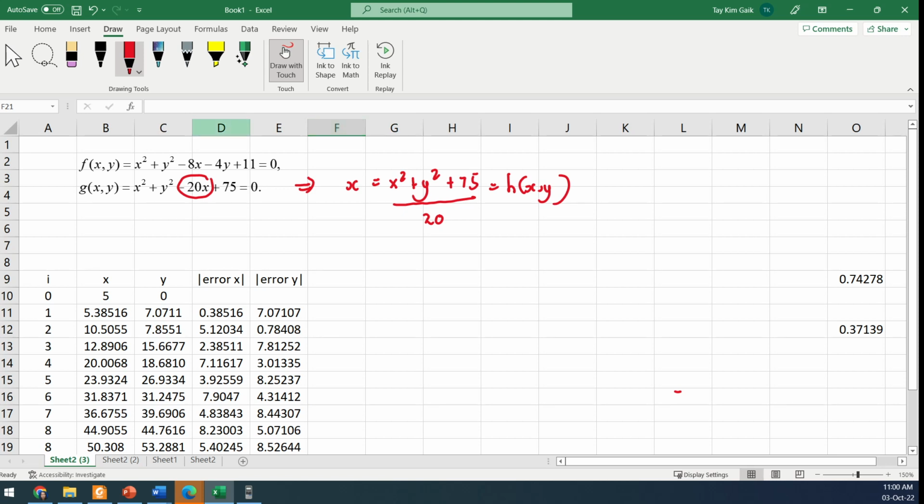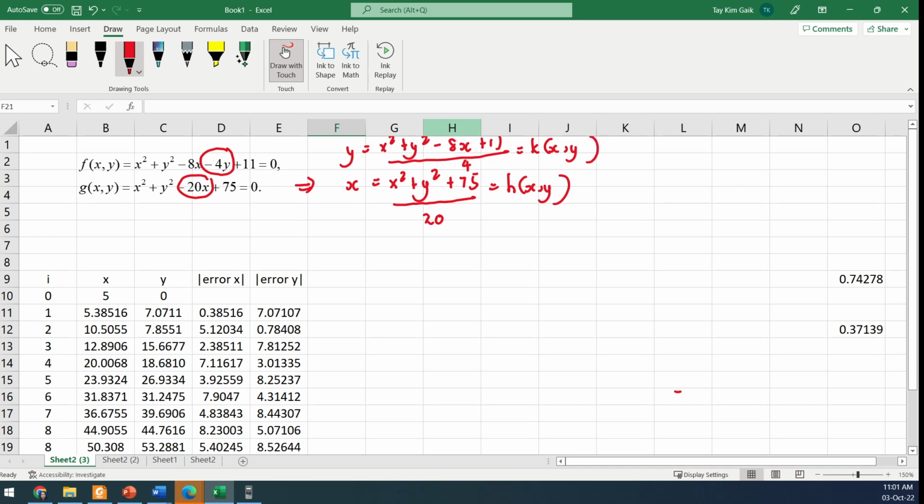For y, I also choose a linear term, since y has linear and quadratic. Then negative 4y I bring to the other side, you have 4y equals x squared plus y squared minus 8x plus 11. You want one y only, then divide by 4. So this is k of x, y.